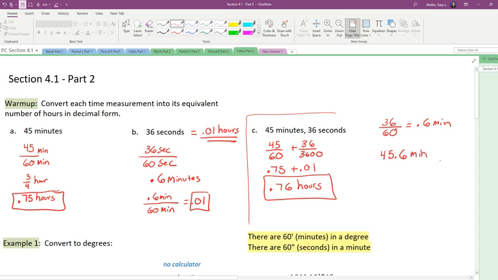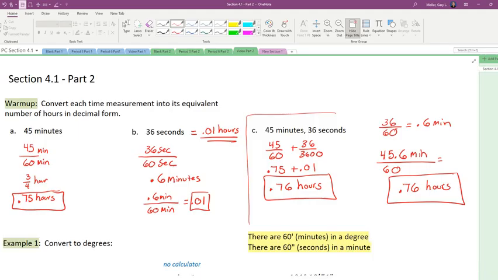I would have combined those together and then divided by 60. And then 45.6 divided by 60 is going to equal 0.76, which is the number of hours we have. So that is how we do these problems. All right.